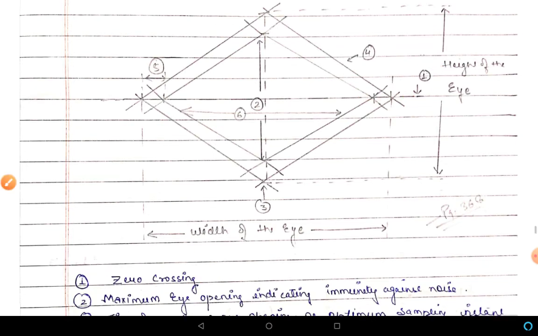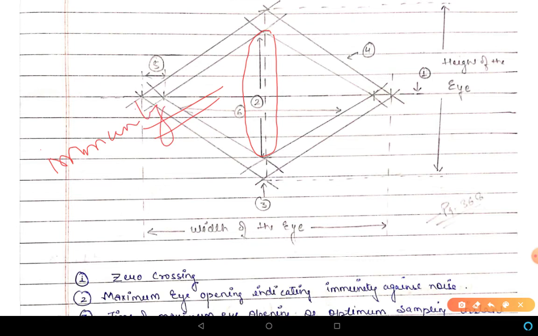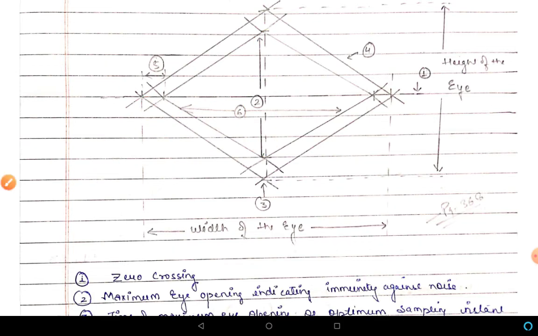And the second point is the maximum eye opening, that can be seen from this. What is the maximum eye opening? What does it indicate? It basically indicates the immunity against noise. Now how does it indicate the immunity against noise?